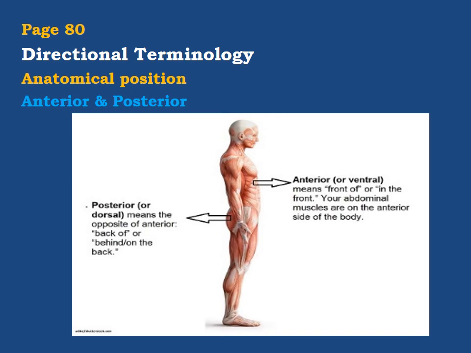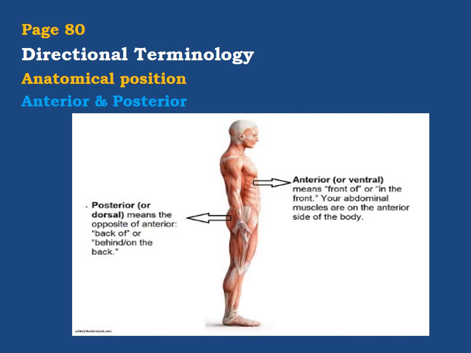Now, again, more information about the terms we need to use as directional terminology. Look at these two words, posterior and anterior. We talked about them. Posterior, we said that it is at the back, or there is another name which is dorsal.